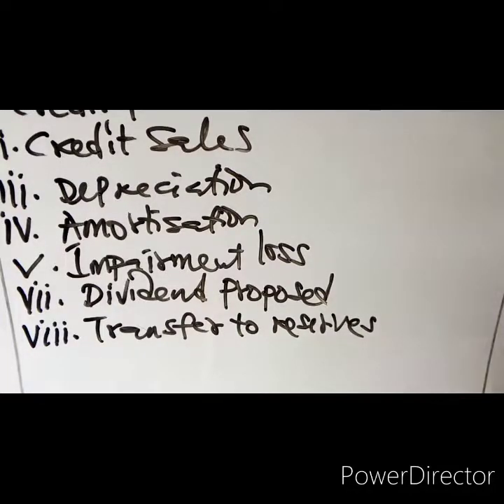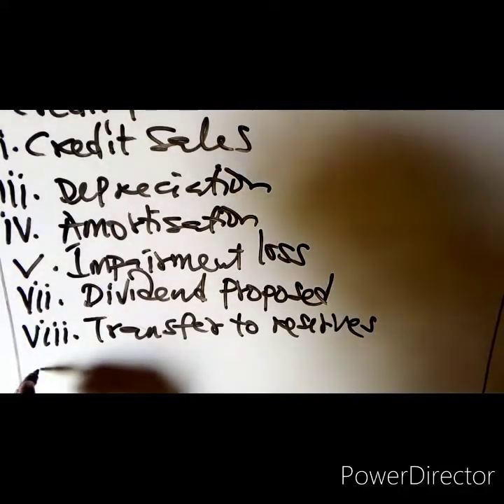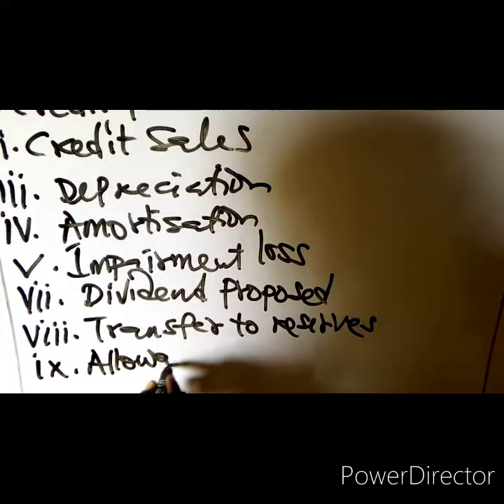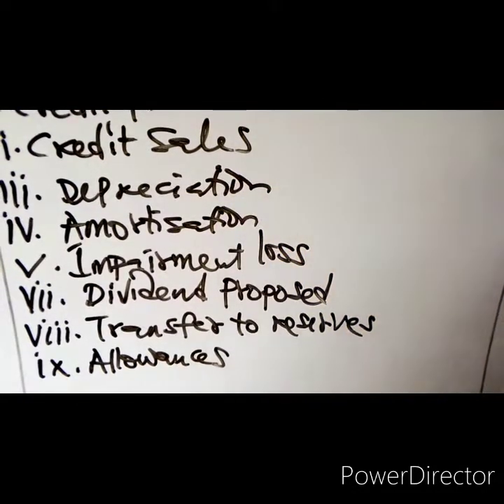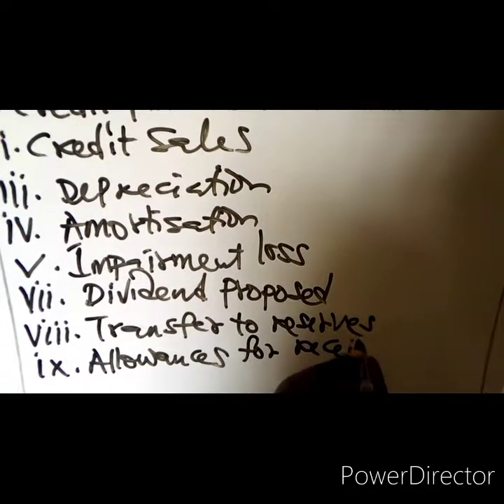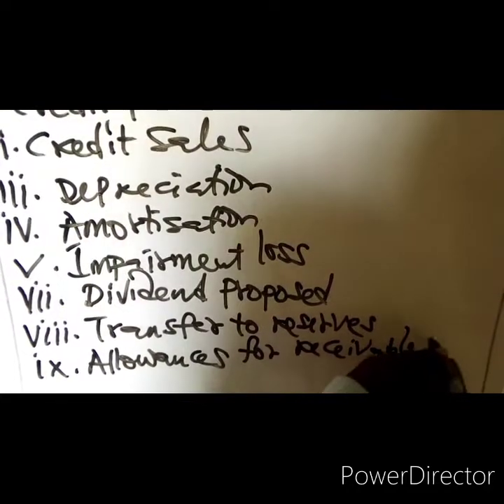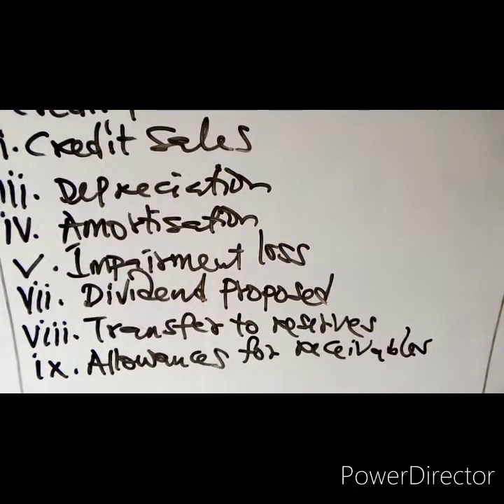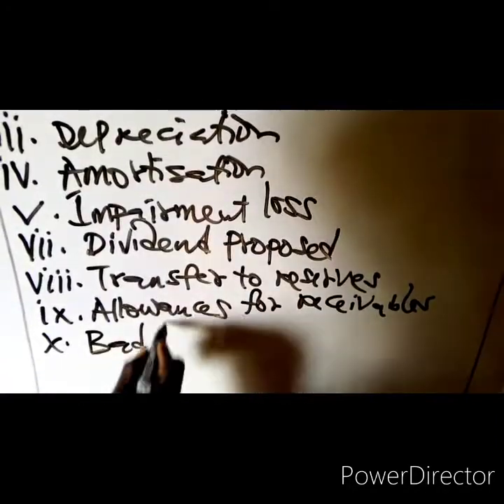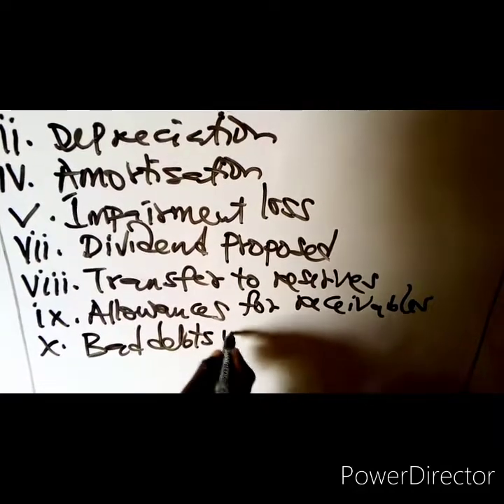Then we also have allowances for receivables, that is your provision for bad or doubtful debts, which should not be entered in the cash budget.